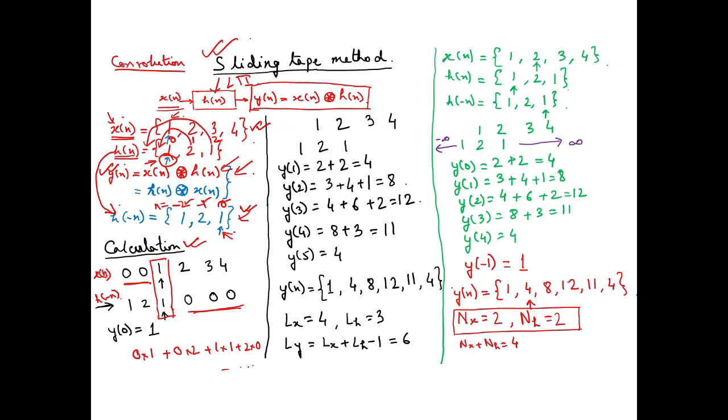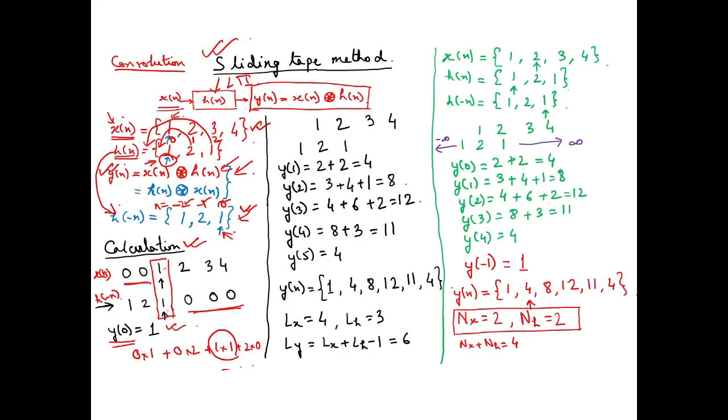Am I clear till now? In this way we get this equation. Only this is the legible one, 1 multiplied by 1, which comes out to be 1. So we put it as y of 0, because when both the origins are matching, that is considered to be y of 0.